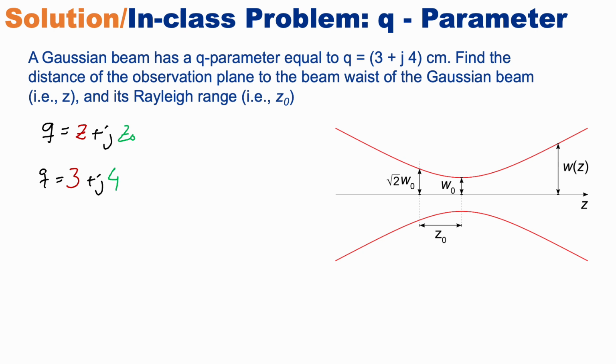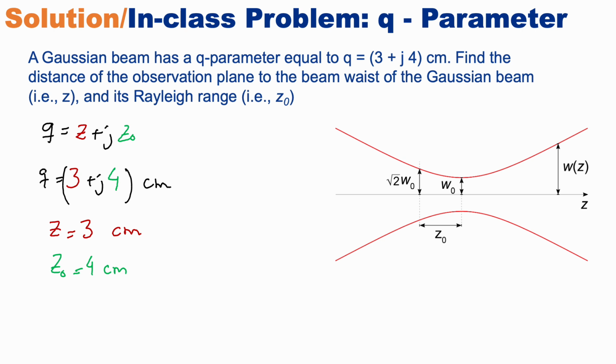And all of this is in units of centimeters. So just by directly observing both equations, we can identify that the position of the Gaussian beam with respect to the beam waist is 3 centimeters, and then the Rayleigh range is 4 centimeters.